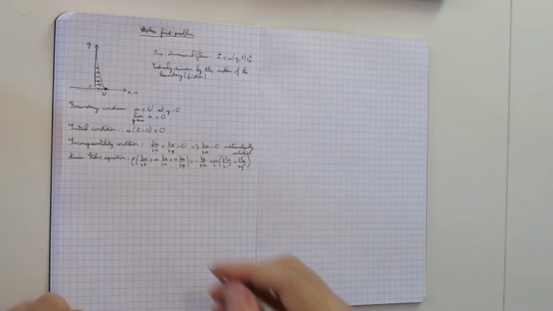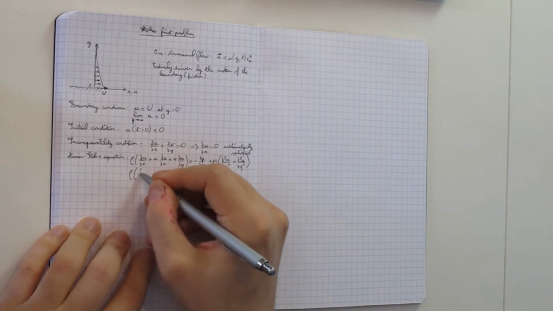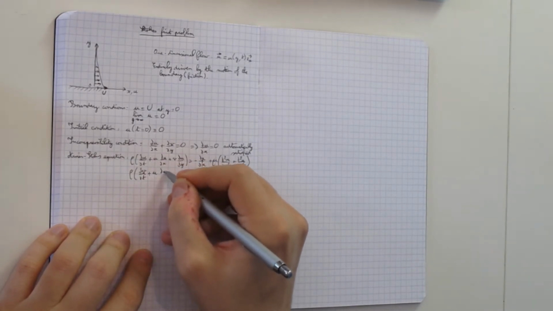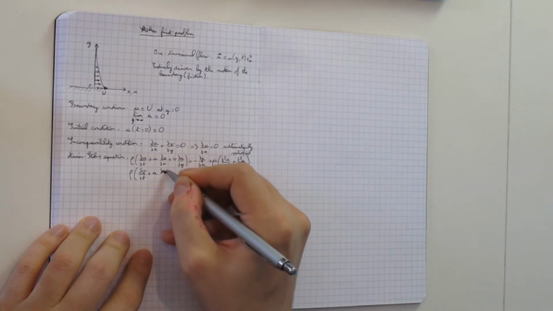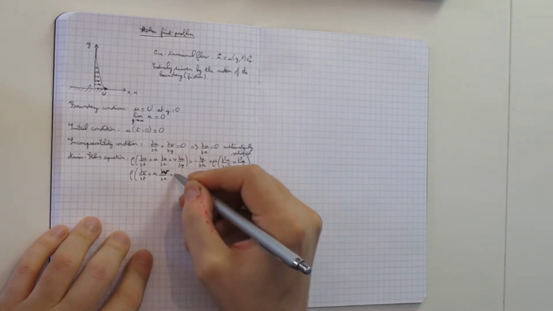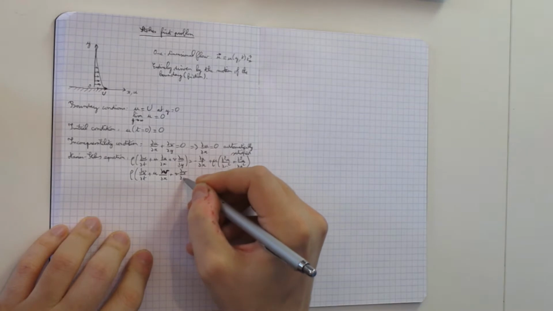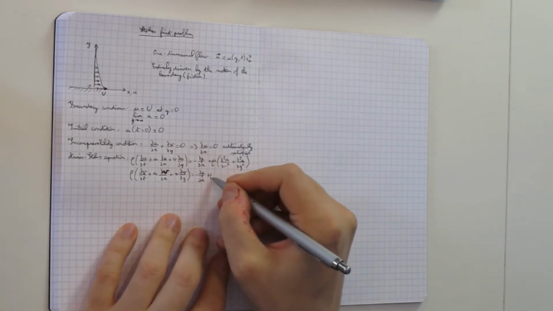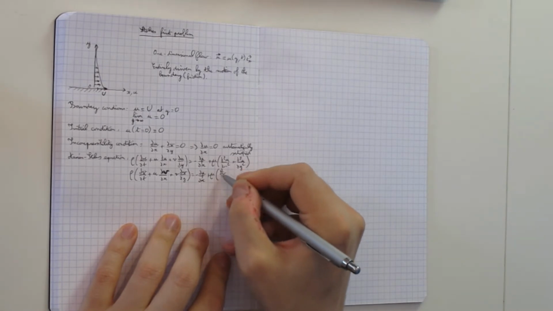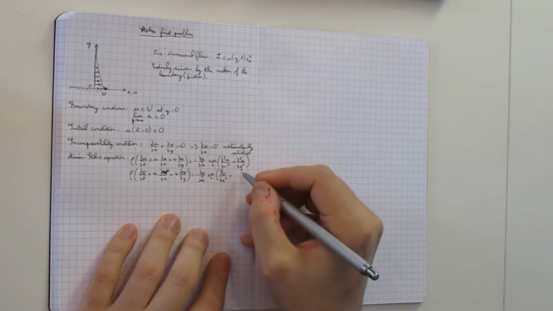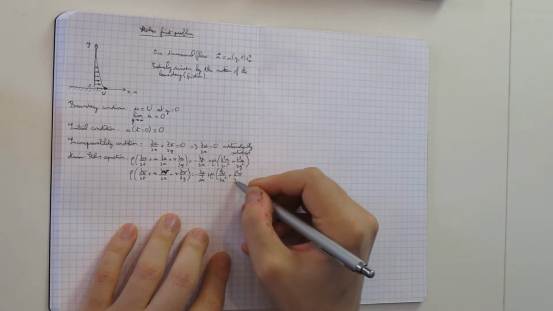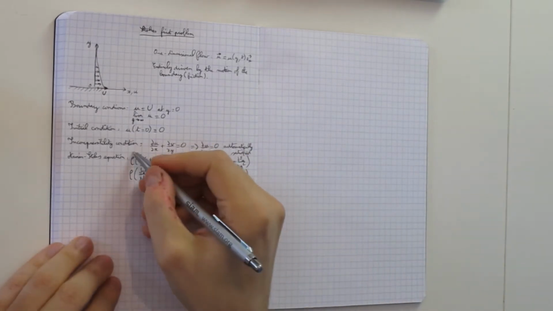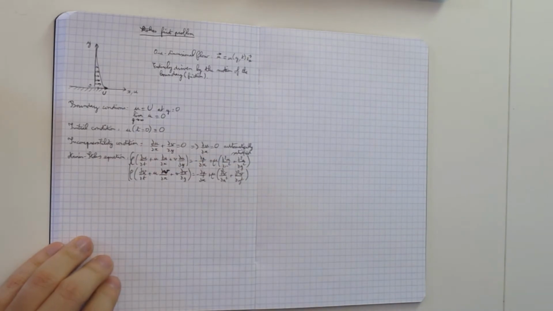I can also write down the same equation for the v component of velocity just for the sake of completeness. That's going to be rho dv by dt plus u dv by dx plus v dv by dy equals minus dp dy plus mu d2v by dx squared plus d2v by dy squared. And that's my Navier-Stokes equation written in component form.